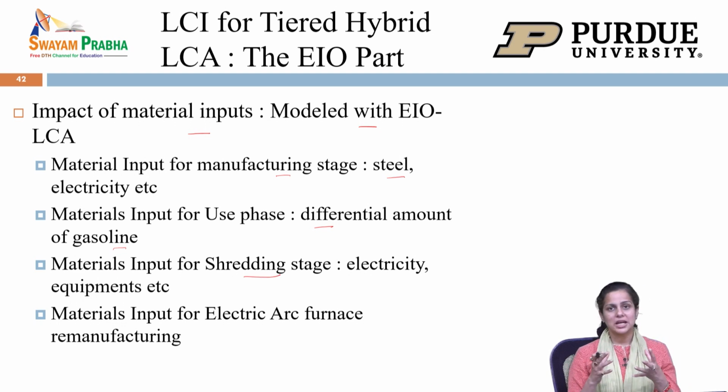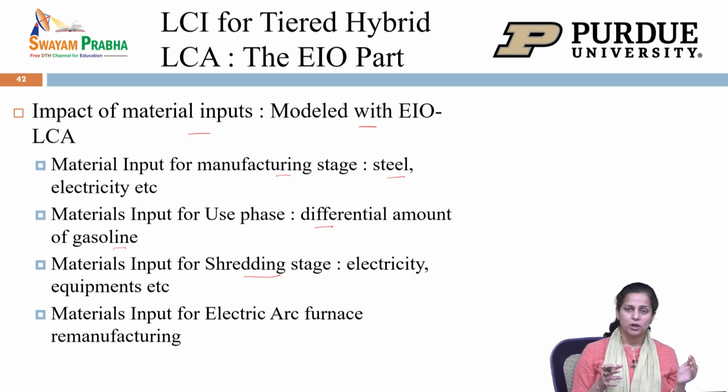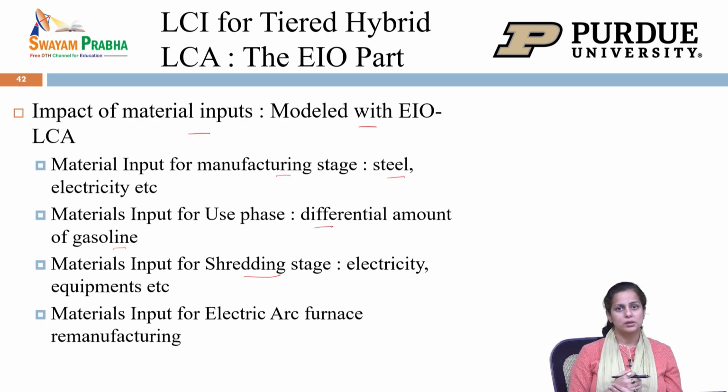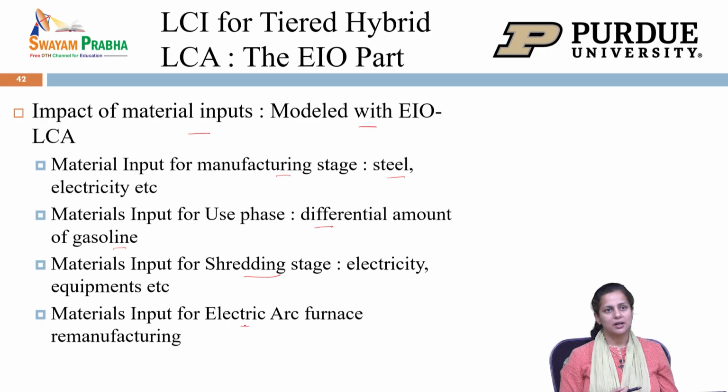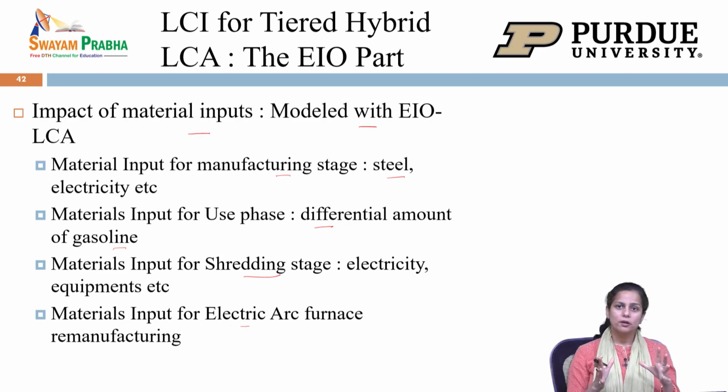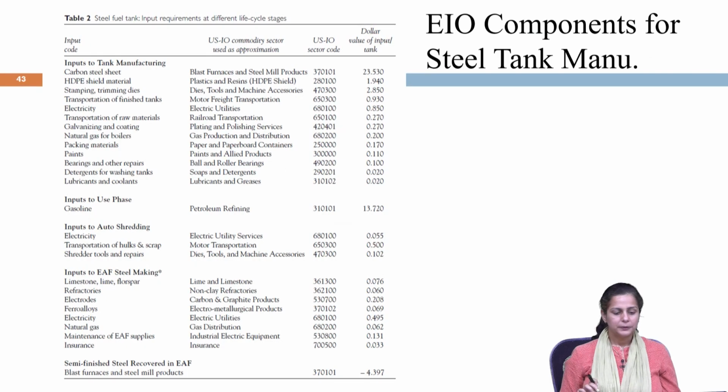While they knew what is happening in the shredding stage, the requirement of electricity and equipment is coming from the economy. So, that was also modeled as EIO LCA, and also the materials input for electric arc furnace remanufacturing. So, all of these inputs for different processes were estimated from the process, but then the total input was converted into final demand in dollars and fed into the input output model for the US economy.